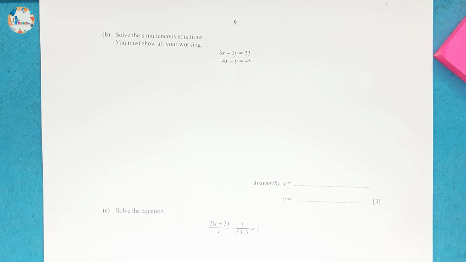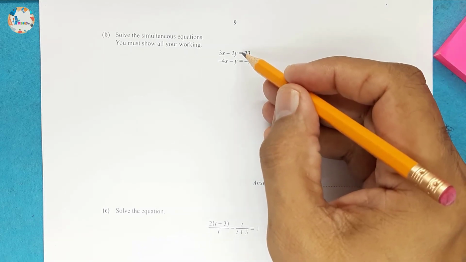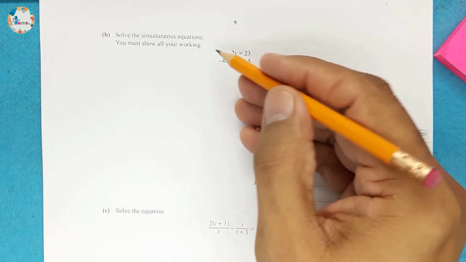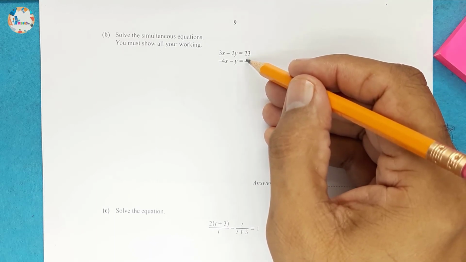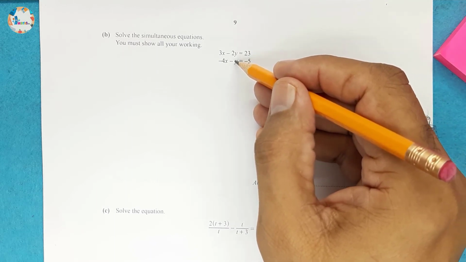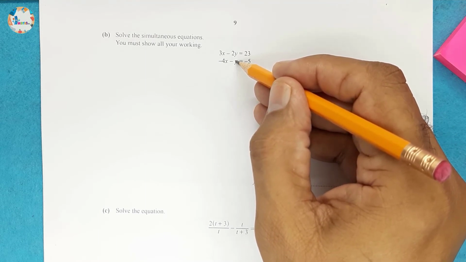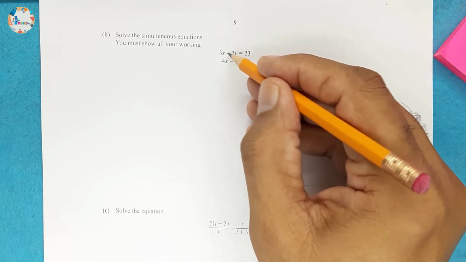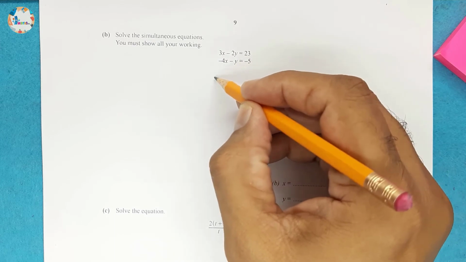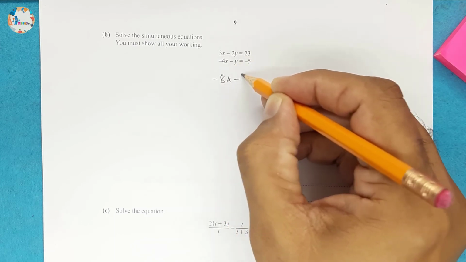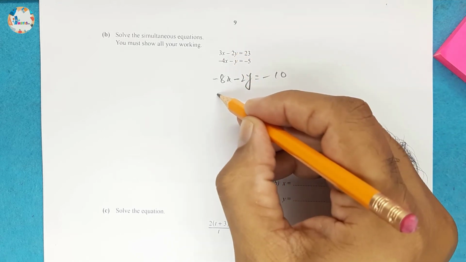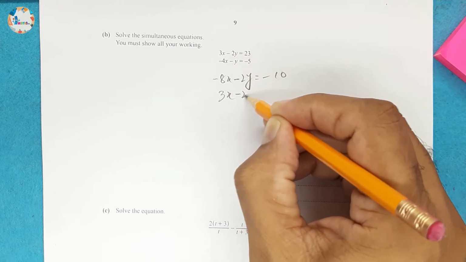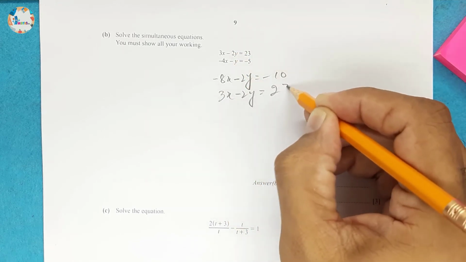B part is simultaneous equations. We have to eliminate. We can use elimination or substitution, whatever you want. We will multiply this by 2, so minus 8x minus 2y is equal to minus 10, and this equation is 3x minus 2y is equal to 23.